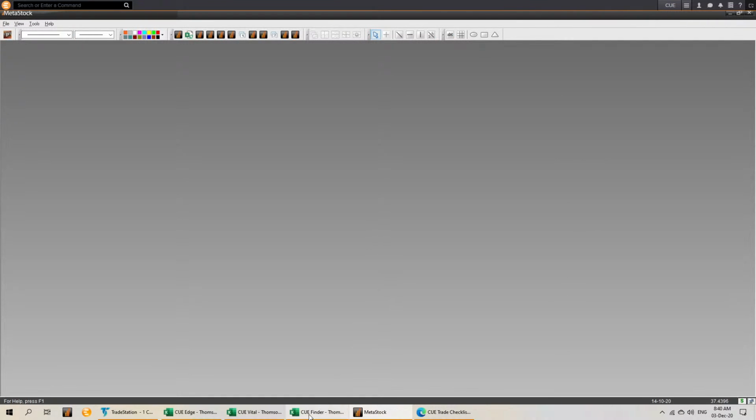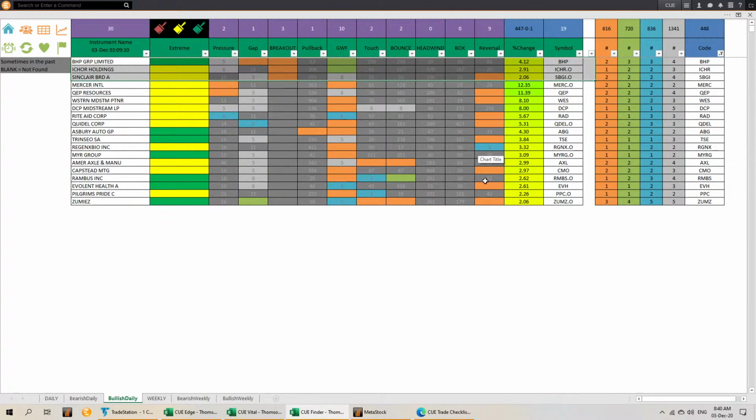That is what I selected in Finder. That is how you can navigate from Finder to Vital and back to Finder to find the fundamentally strong stocks that are also giving you great signals.